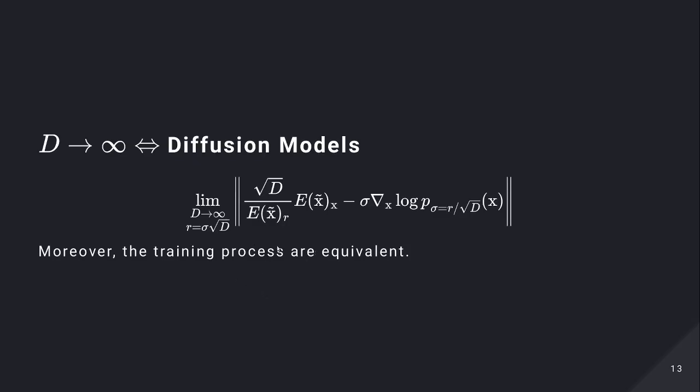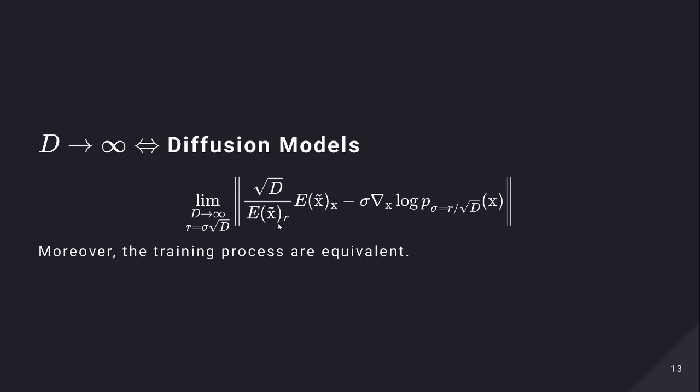This is translated by this property from the paper, where if you take the limit as d goes to infinity and you make sure that r, your radius parameter, is equal to sigma square root of d, where sigma is your variance parameter from your diffusion model, then your field on the right here and the score matching field on the right here converge to 0. I forgot to make the limit equal to 0 here, but that's the main idea.